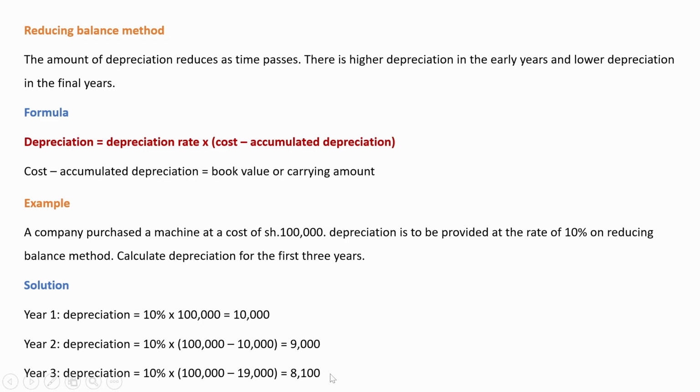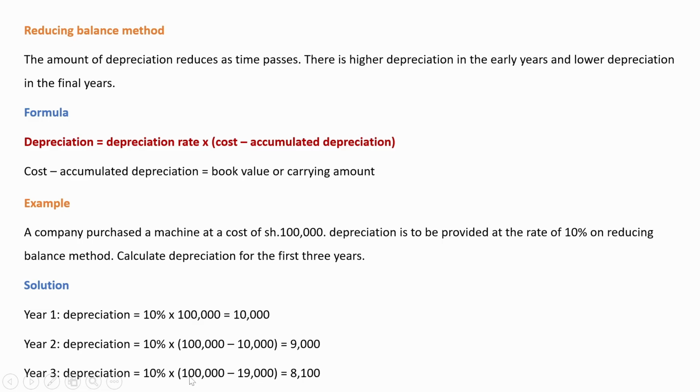Then when you go to the third year, now you have depreciation for 2 years. The accumulated depreciation is the depreciation for year 1 plus the depreciation for year 2. In year 1, we have 10,000. In year 2, we have 9,000. So total is 19,000.